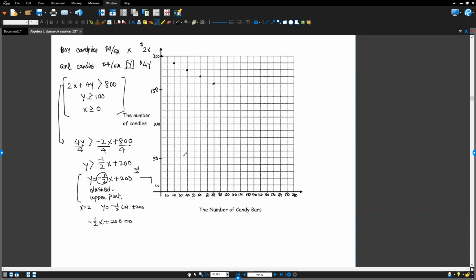Same scale, that's 10, 10, okay? Let's keep going. That is the dashed line. That's the upper part of the solutions.